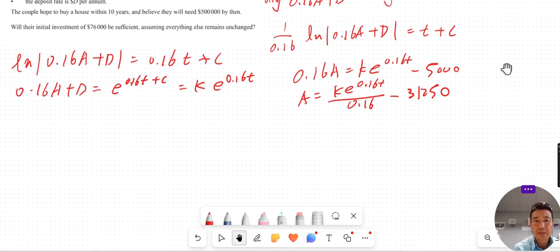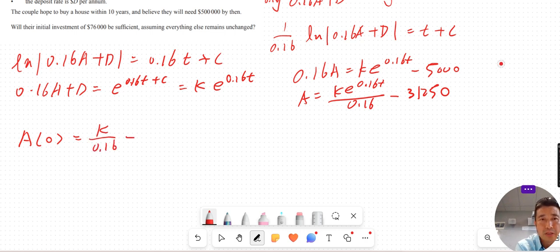Now I see we have to find the k, right? So when time is 0, when it started, that is 76,000. So A naught is k over 0.16 minus 31,250 equals 76,000.